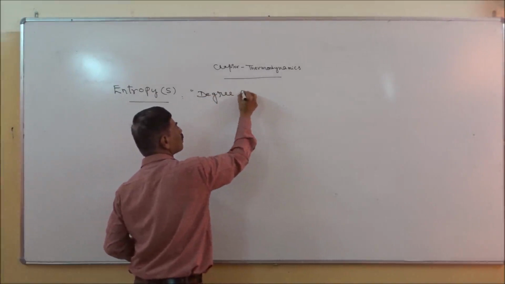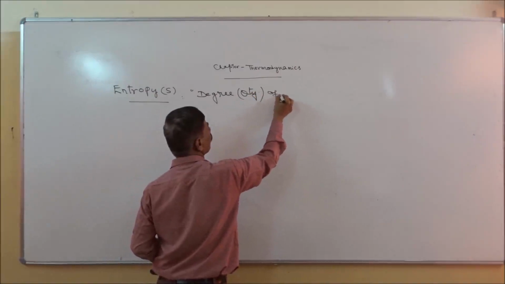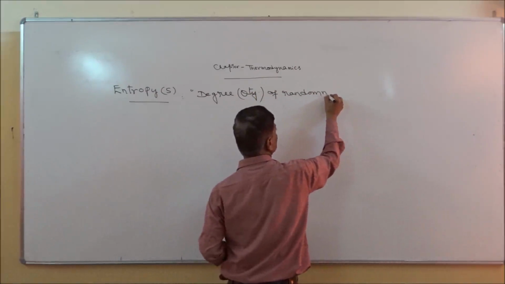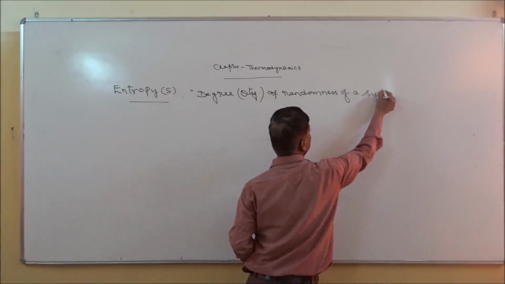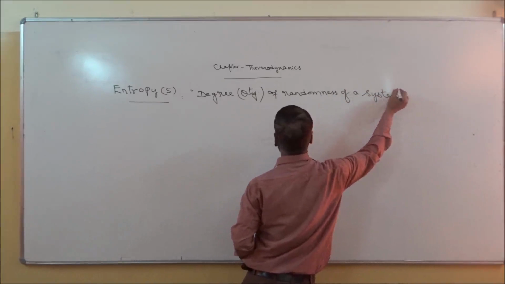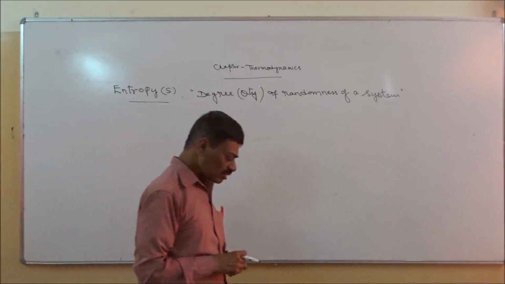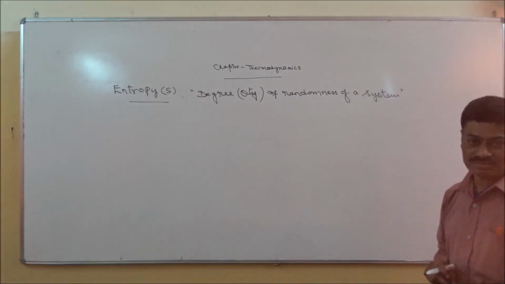Degree means quantity or amount. The amount of randomness of a system is called entropy. And entropy is a state function because entropy depends on heat energy.